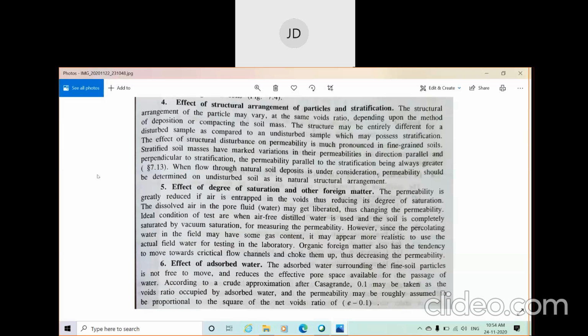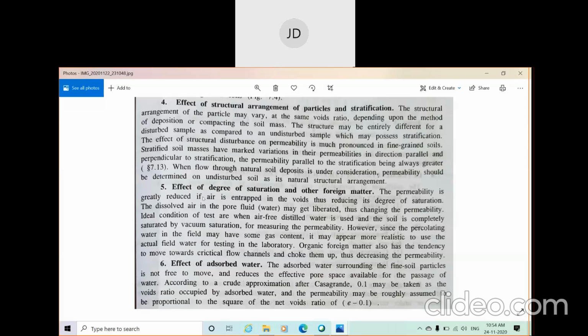If water is flowing in a particular direction, because of the flow of the water, some organic matter also follows that direction, and that organic matter may block the voids, reducing the cross-sectional area of the voids. So if the voids are reduced, water cannot pass through the voids, isn't it? So indirectly it reduces the permeability of the soil.